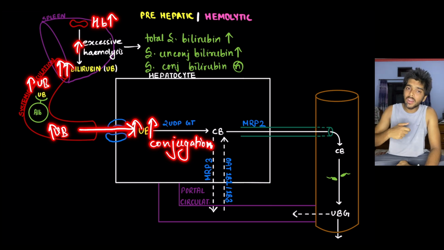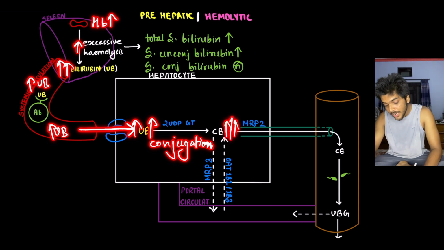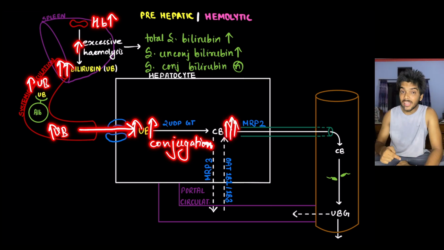So the liver is trying its best to conjugate as much unconjugated bilirubin as possible. As a result, there is also an increment in conjugated bilirubin, but inside the hepatocyte, not in blood. That is why in blood, the serum conjugated bilirubin remains normal. It's in the hepatocyte where conjugated bilirubin is high.